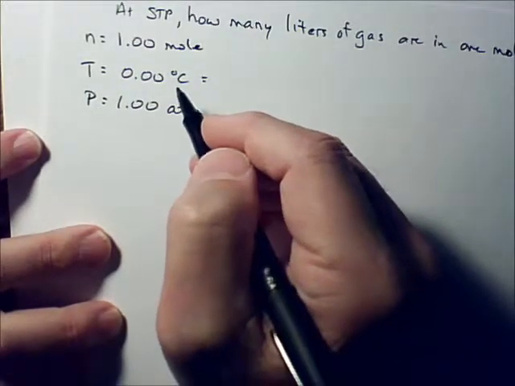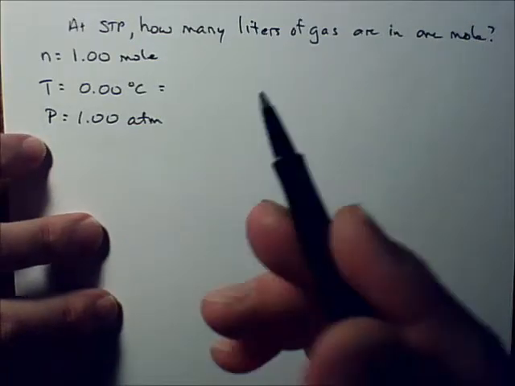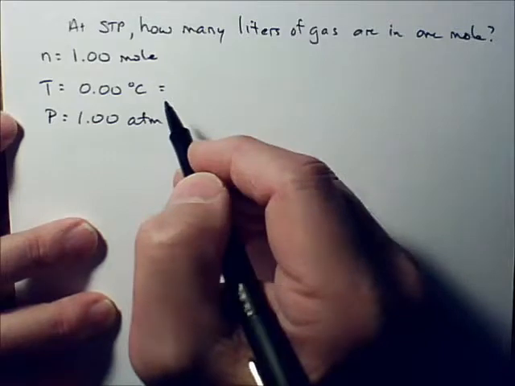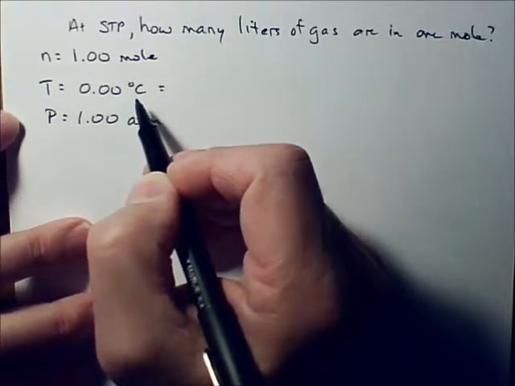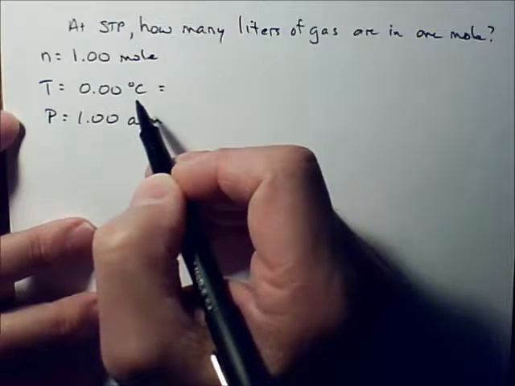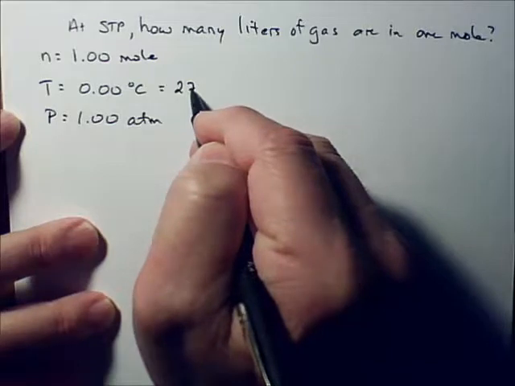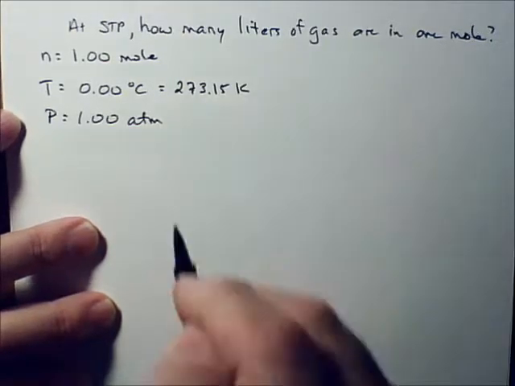It won't matter because we're going to round off to 3 digits at the end anyway. 0 degrees C needs to be changed into Kelvin because we can't use degrees C for gas law problems, and 0 degrees C is 273.15 Kelvin.